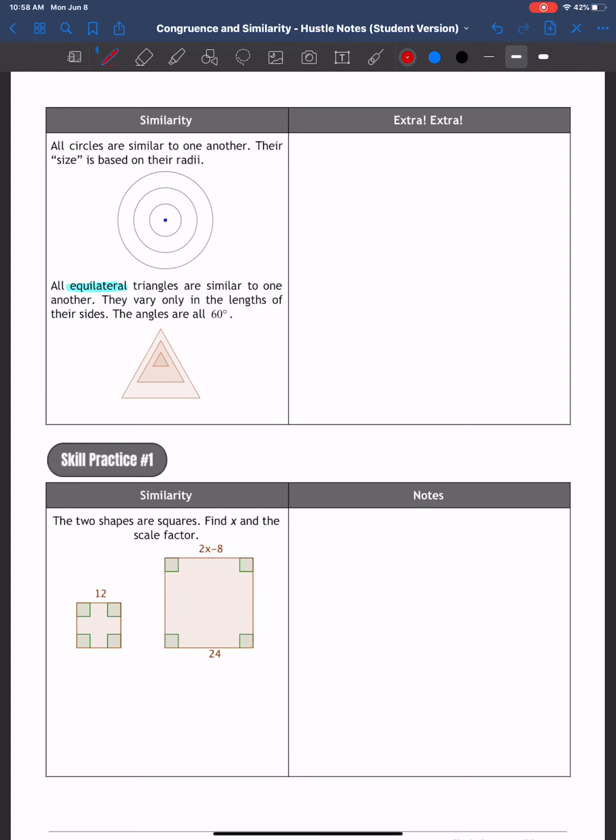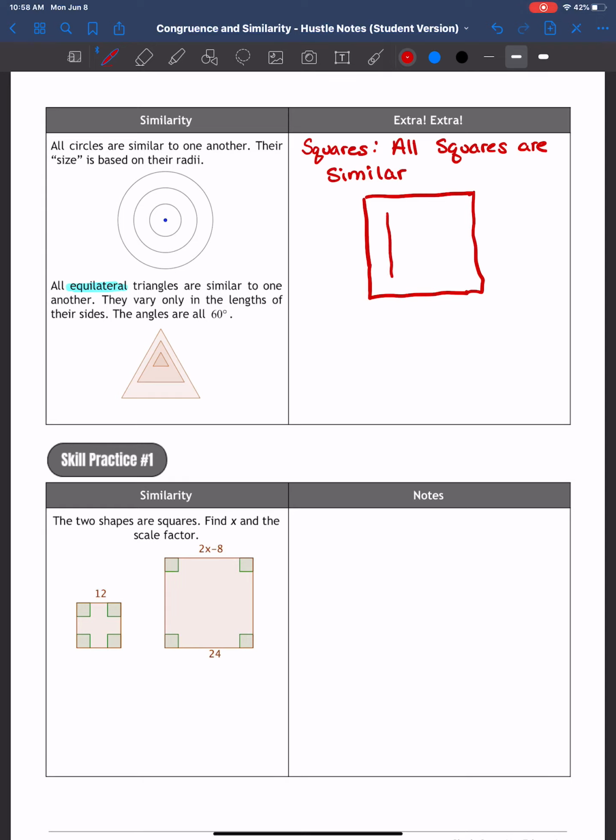Another thing to think about, squares. All squares are similar. So if I were to draw a square, and another square inside it, these are all similar, right? Makes sense. All squares, all 4 sides are the same.